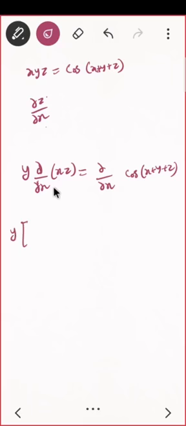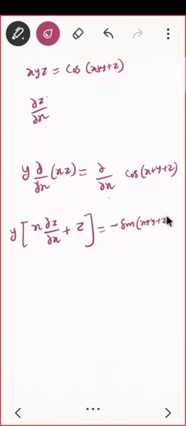It will be x ∂z/∂x plus z, that's it, and this is equal to, here, what is the derivative of cos? Minus sine, so minus sine of (x plus y plus z) multiplied by the derivative of the inside, which is as it is, correct?